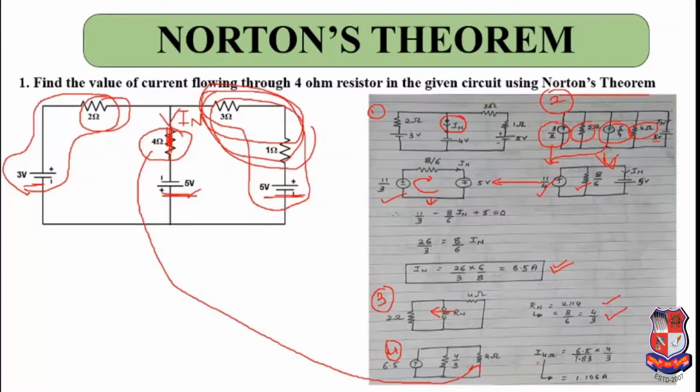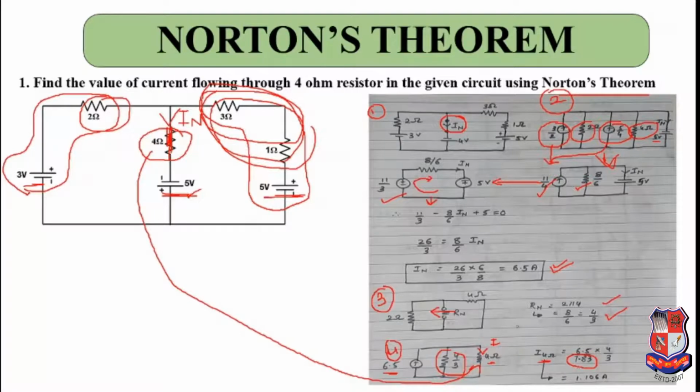So now you have to apply the current divider. If you want to find the current through 4 ohms, the current divider rule says that it will be equal to total current, that is source current 6.5 ampere, multiplied by opposite branch resistance. So if you are finding for 4 ohms, the opposite branch resistance will be 4 by 3. So see here, 4 by 3 divided by this term, which is nothing but the addition of 4 by 3 plus 4.